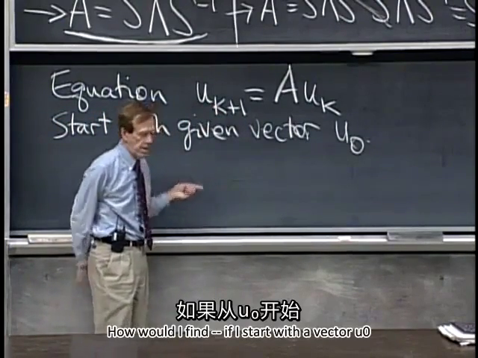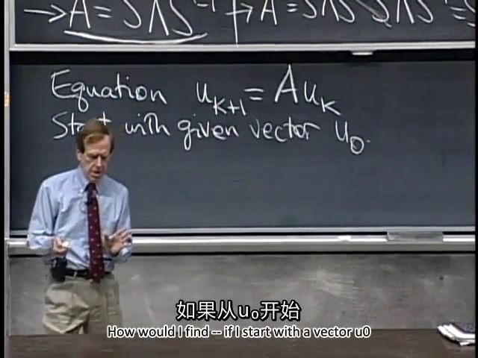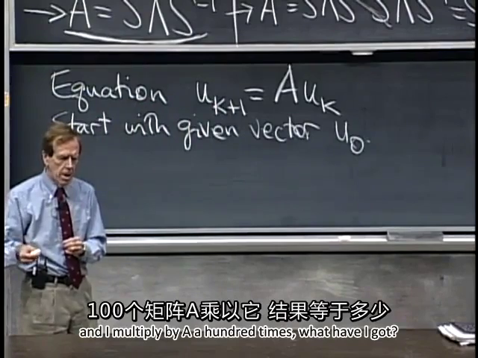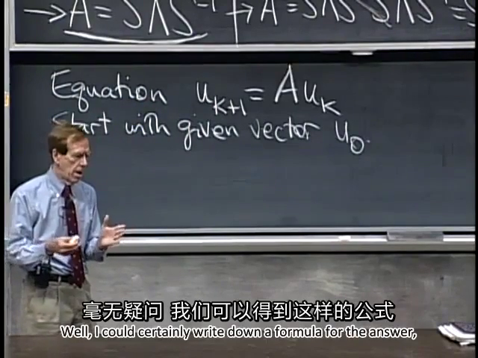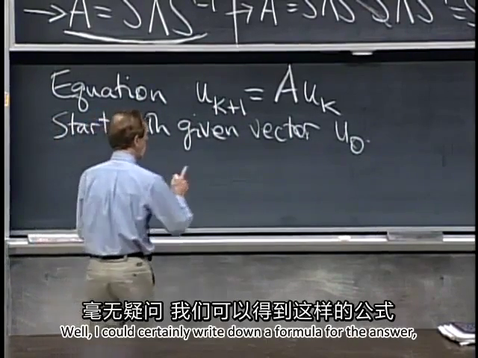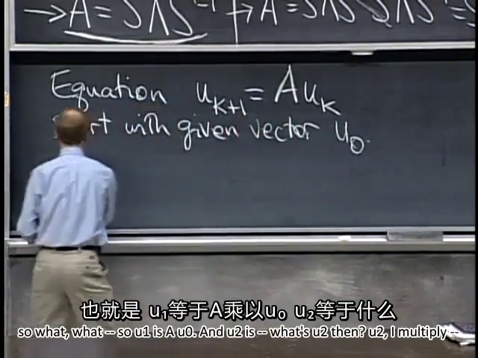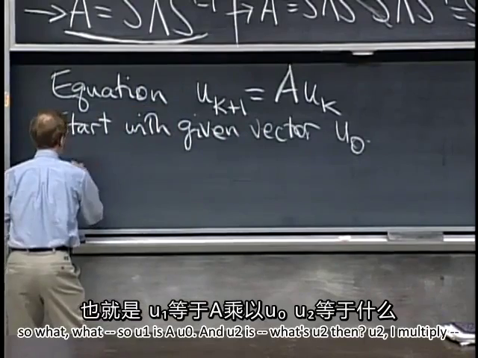How would I find, if I start with a vector u0, and I multiply by A 100 times, what have I got? Well, I can certainly write down a formula for the answer. So u1 is A u0.